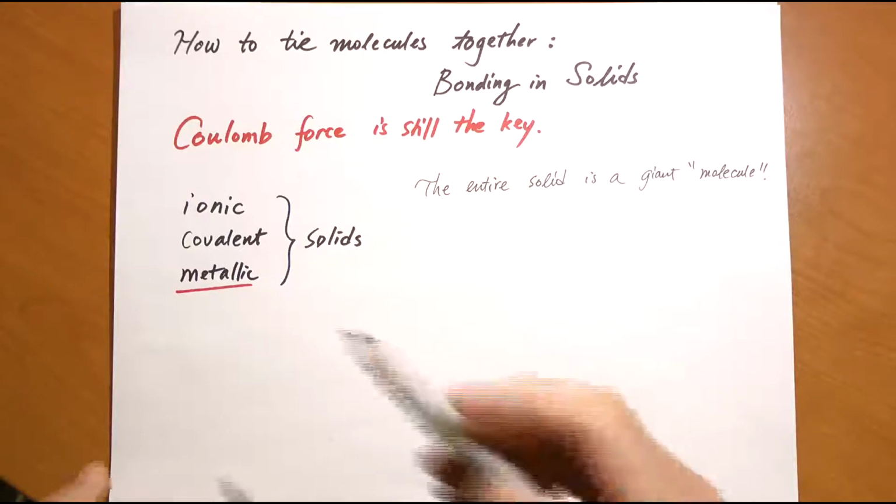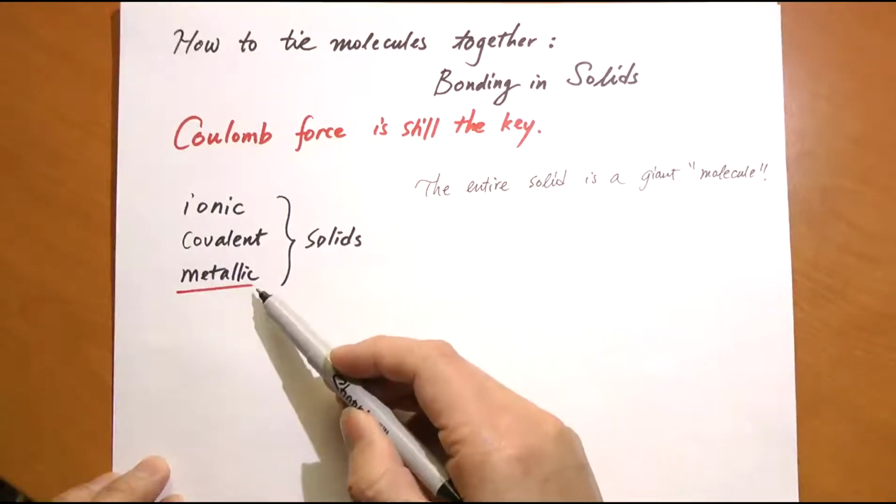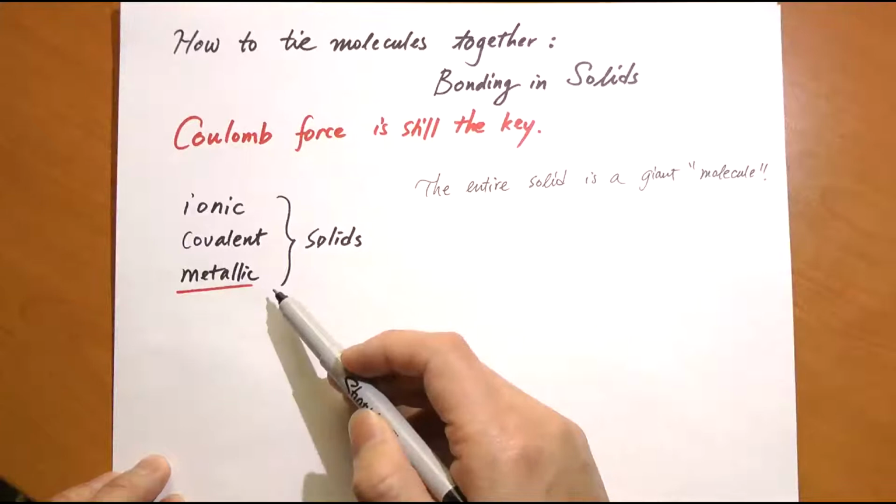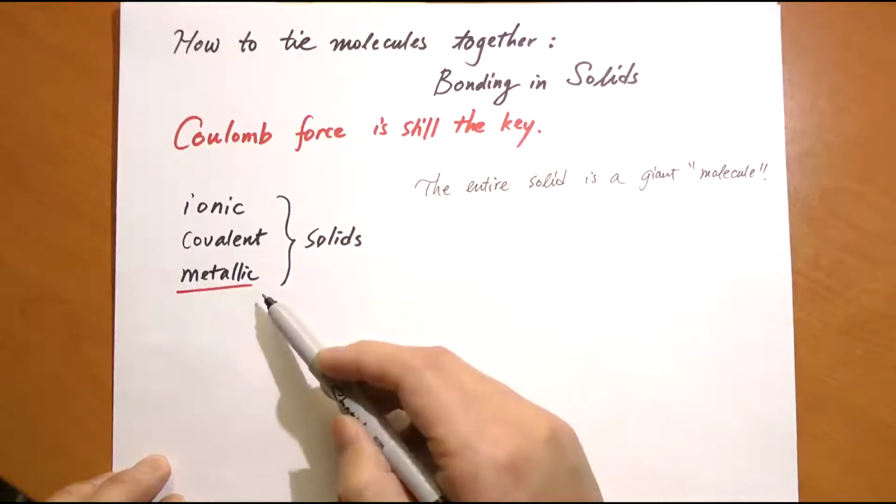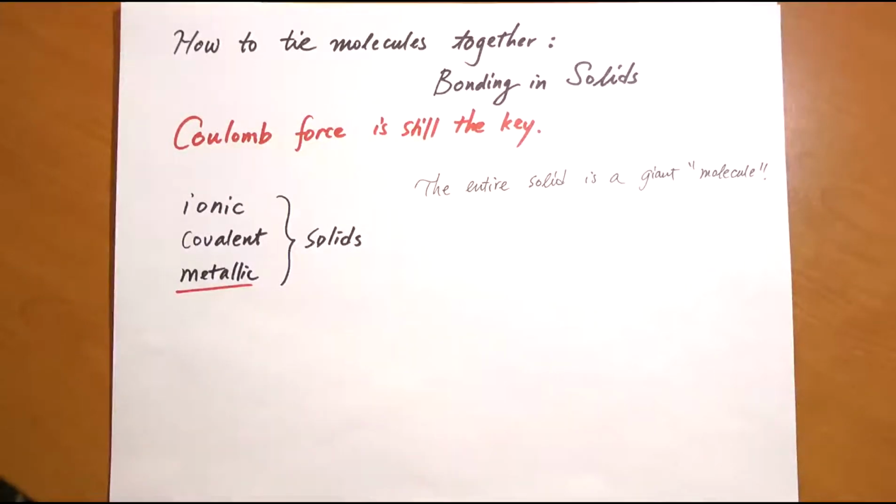Then the metallic solid, now that is something new. A metallic bond, we're going to study in some more detail. So that will round up our study of bonding in solids.